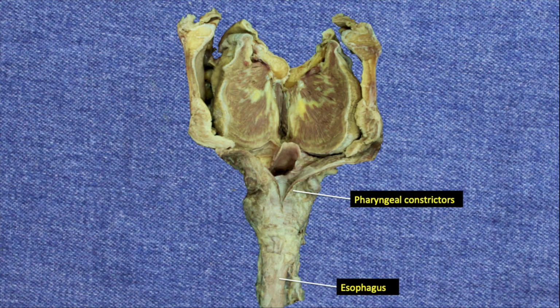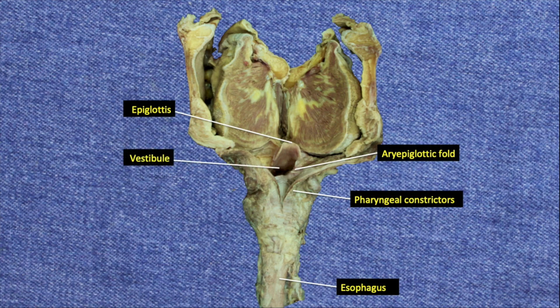The pharyngeal constrictors have been partially cut open, and below, the beginning of the esophagus is indicated. The epiglottis is evident. This marks the highest point of the laryngopharynx. And along with the aryepiglottic fold, it demarcates the vestibule of the larynx. The vestibule, in essence, represents the beginning of the larynx.